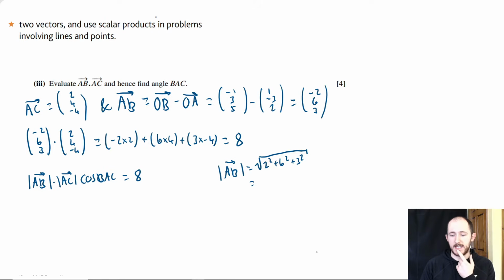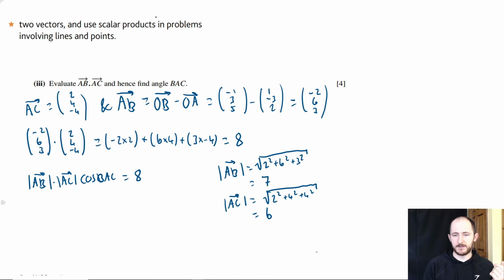Square root of 49 is indeed 7. Mod AC equals a similar thing, so 2 squared plus 4 squared plus 4 squared. Again, ignore the negatives because they obviously don't affect it. So that's 4, 16 and 16 is 32, plus 4, so 36, square root should be 6.